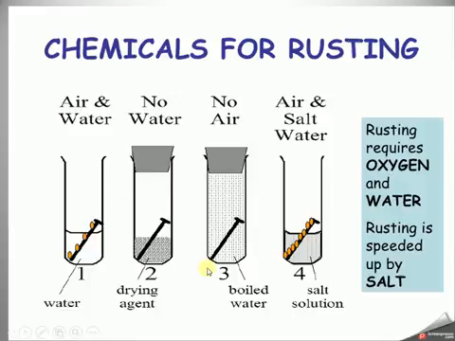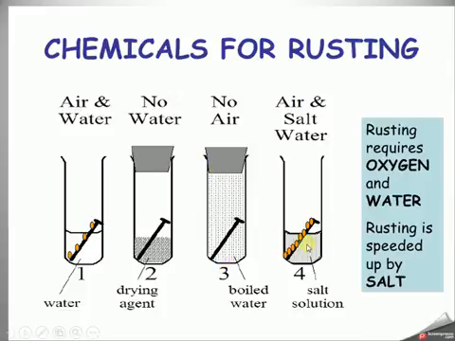How does this prove what conditions are needed for rusting? Well, if we've just put water and oxygen in it, it's getting the two things. It's getting water and it's getting oxygen. You can see the rusting present. This one has got a drying agent, so no water can get to it, but oxygen can get to it, and there's no rusting. This one, we've put boiled water, we boil it to get rid of all the oxygen, but it does have just water present, and there's no rusting.